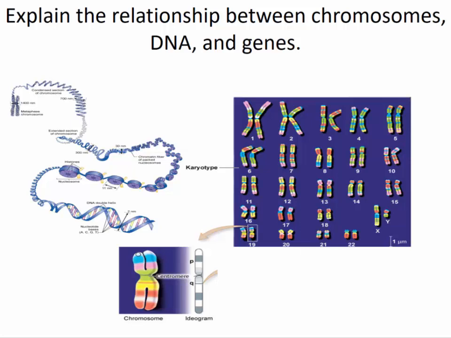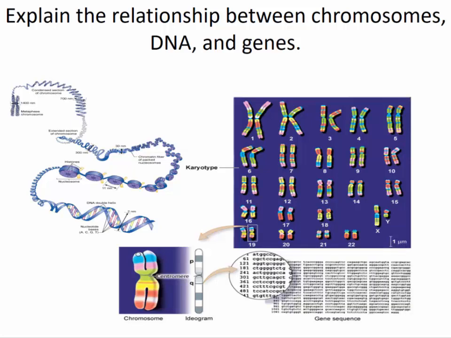So the DNA is the nucleic acid that then wraps around proteins and then condenses into this chromosome for cellular division. If we were to zoom in on the DNA, we could see the code that is made up of the cytosine, thymine, guanine, and adenine, which were the bases of the nucleotides that we saw in the last unit. This is the blueprint of how to make proteins, as we've mentioned a number of times.